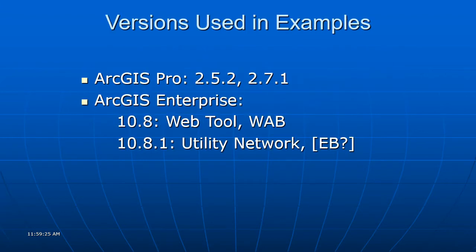In creating the example for this presentation, I used ArcGIS Pro 2.5.2 and 2.7.1. While the system cert map works in both versions, in real life each version has a different set of bugs. Therefore, I must use a particular version depending on the desired workflow.